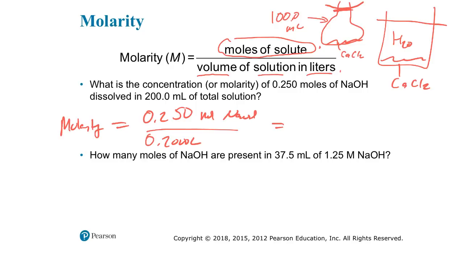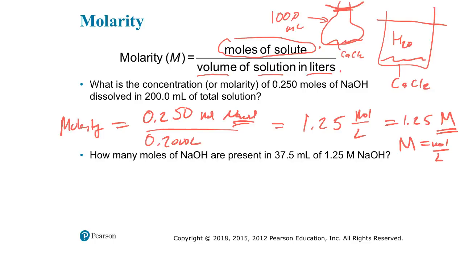So we can work that out. That's 0.25 divided by 0.2. That is 1.25 moles per liter. Now I can write that as 1.25 big M, where the big M equals a mole per liter. So it's moles of sodium hydroxide per liter of solution.